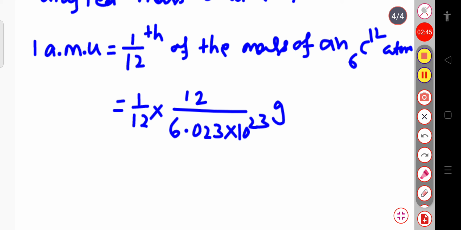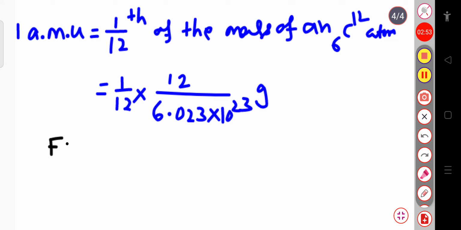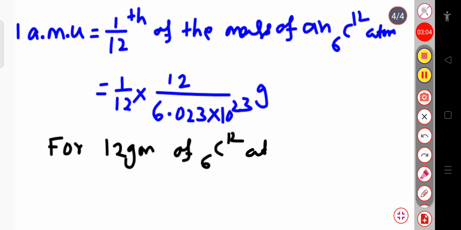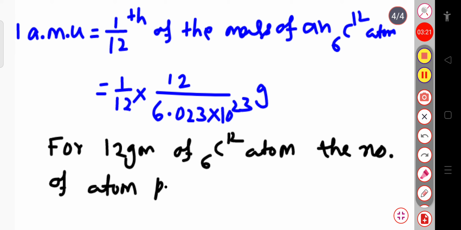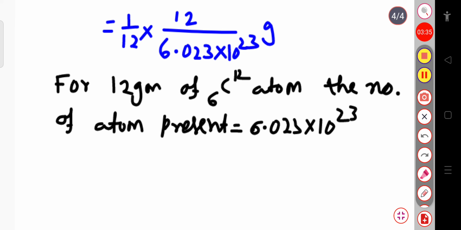Why? Because for 12 gram of carbon atom, carbon means 6C12 atom, the total number of atoms present is equal to the Avogadro number, that is 6.023 into 10 power 23.